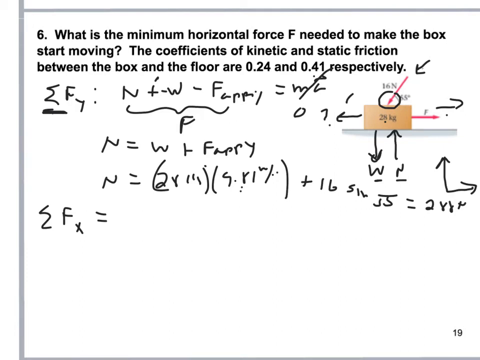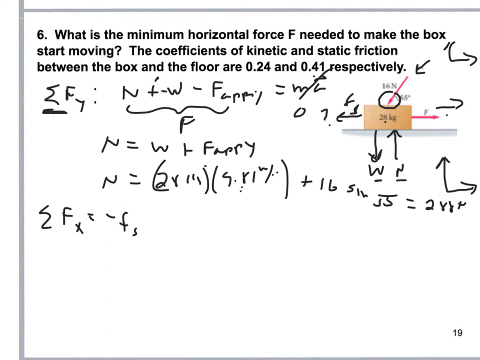So that's our F sub s right here, and that's going to be negative. Friction is going to be negative, so it's in the opposite direction of motion, and there's our coordinate system again, positive x.